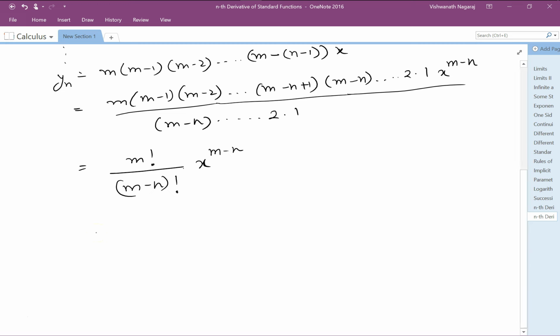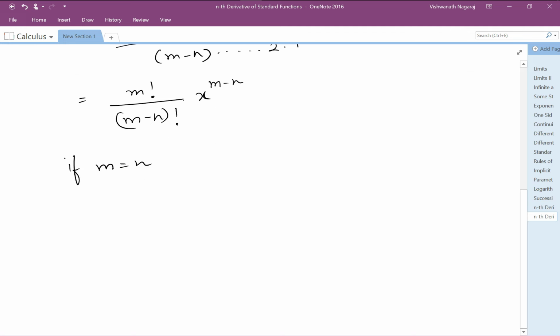Now here, if m is equal to n, then what will it be? Just understanding the formula. So if m is equal to n, what happens to yn? m factorial divided by m minus m factorial times x to the power of m minus m.